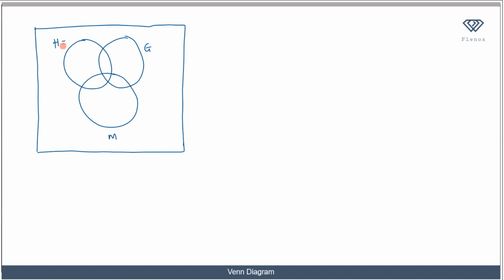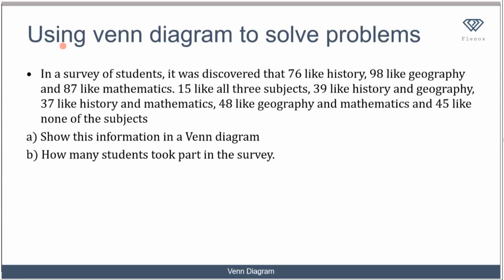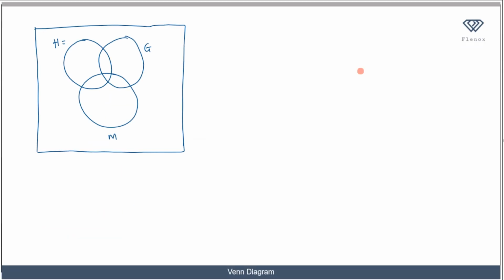So the number that like history is 76, geography is 98, while maths is 87. Now we are given some more information.